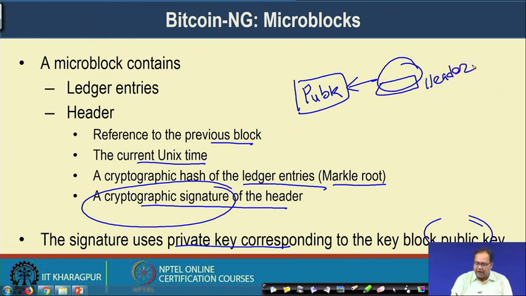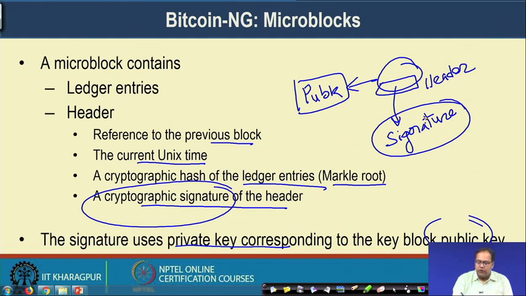So, this microblock header contains the signature, which corresponds to the public key that was there. This signature is generated based on the standard digital signature mechanism using the private key corresponding to this public key.